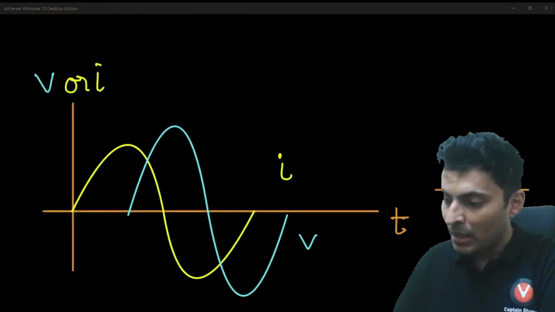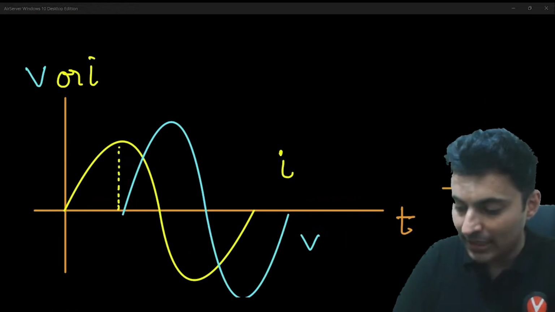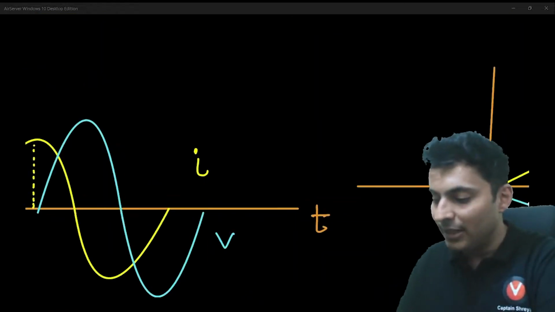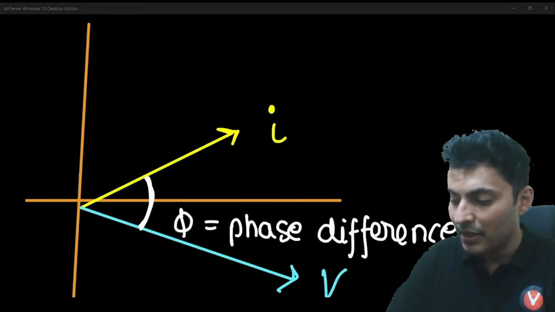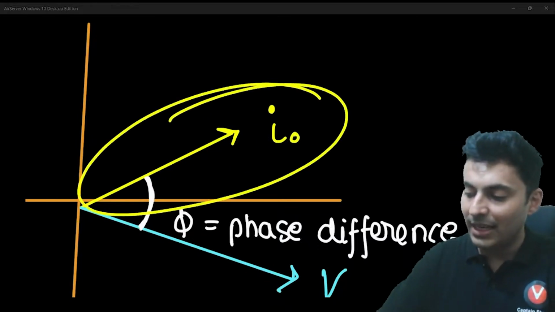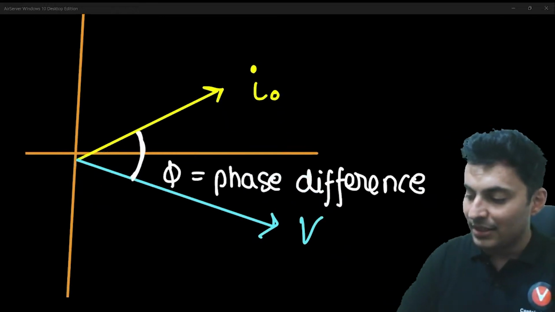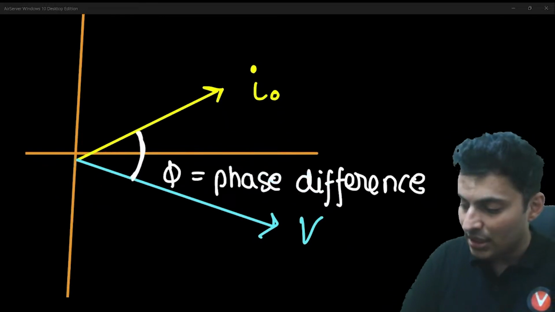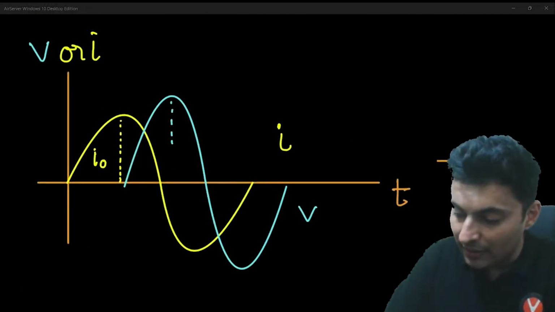Please remember that whatever is the height of this current graph, let's say I call it I naught, will be exactly the length of this arrow mark over here. So the length of this will be exactly I naught. Similarly, whatever is the length of this voltage phasor will be exactly the height of this sine graph.